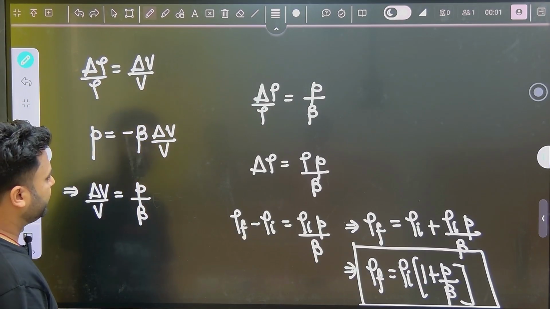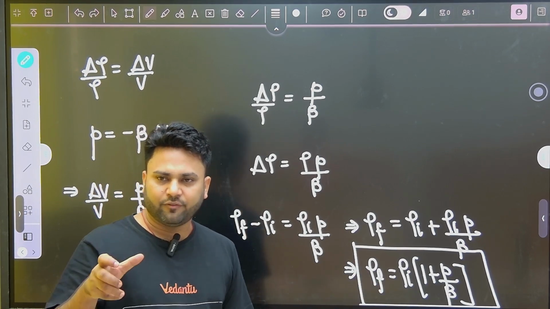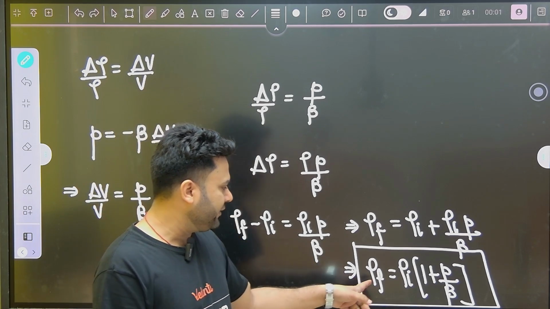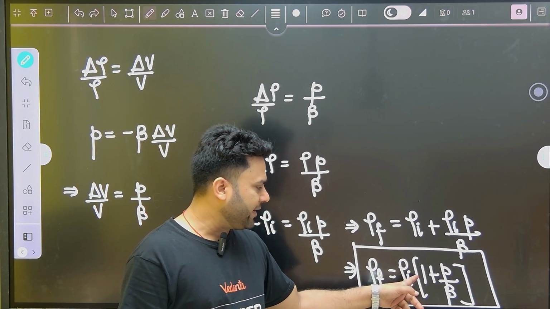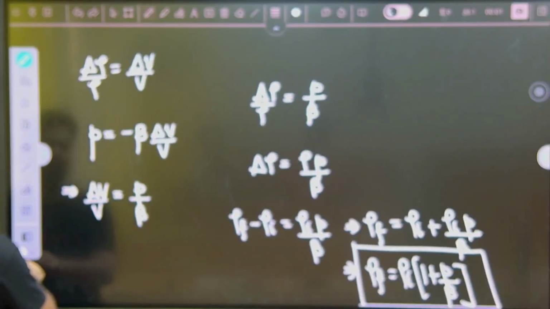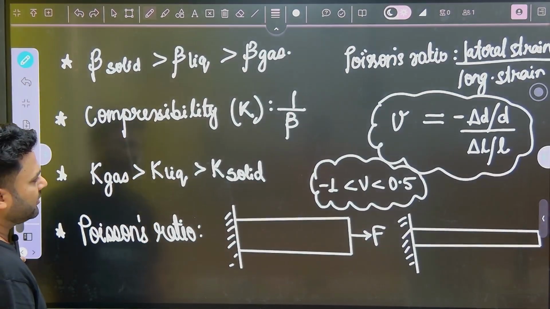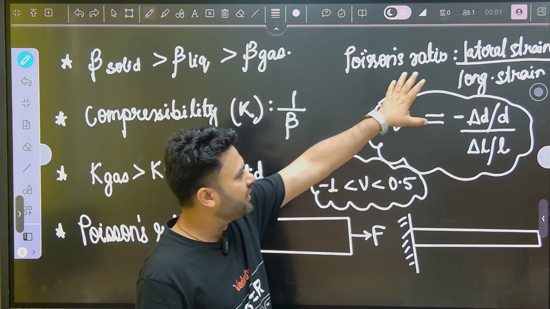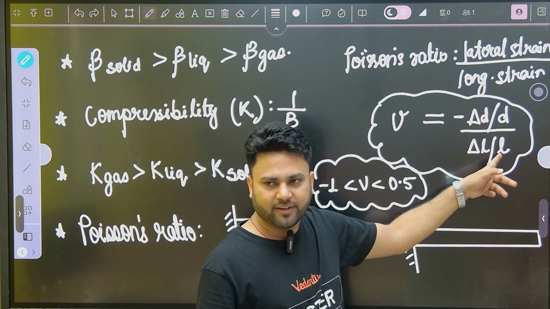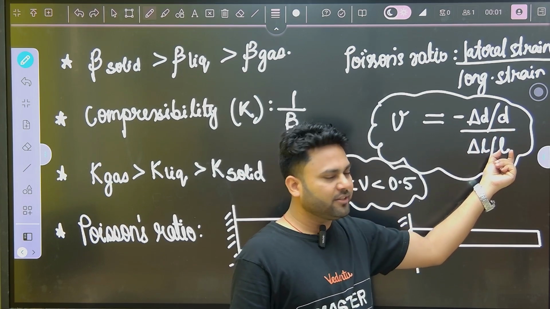Then we have this, very important, that if the object is inside any fluid, it will experience pressure, volume will decrease, density will increase. So final density will become initial density, bracket 1 plus pressure divided by bulk modulus. Then we have Poisson's ratio, lateral strain divided by longitudinal strain, minus delta D by D divided by delta L by L. How much diameter is changing divided by original diameter, how much length is changing divided by original length.